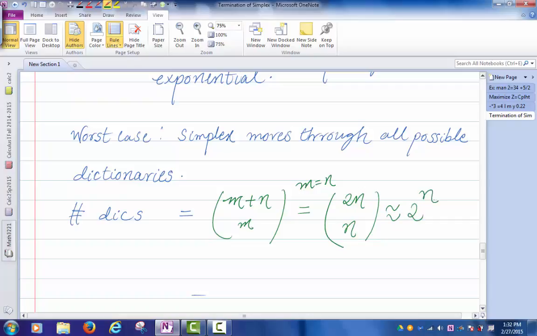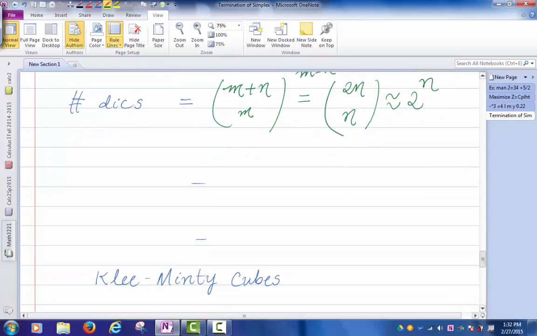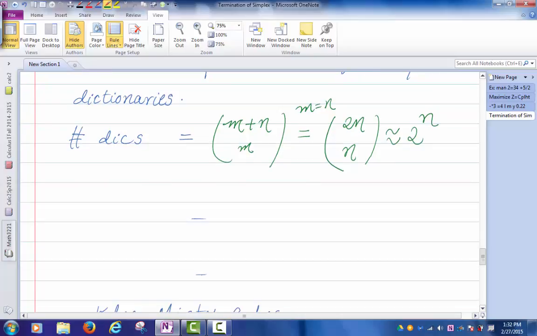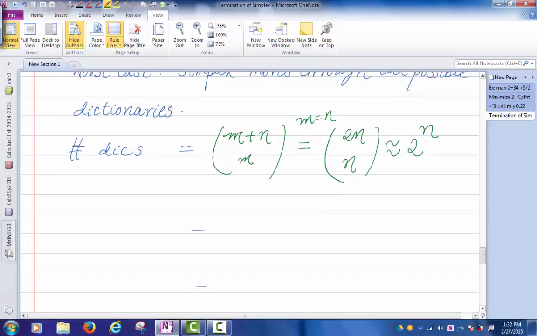And so the total number of dictionaries could be a big number, right? Think about n being 50. It's 2 to the 50. It's a huge number. And do you think in practice we talk about 50 variables? Do you think that's practical, to have 50 variables? You bet.